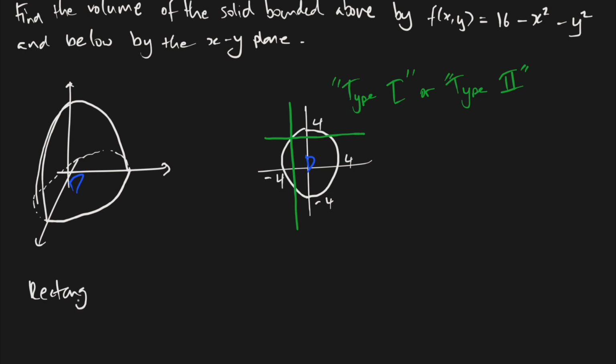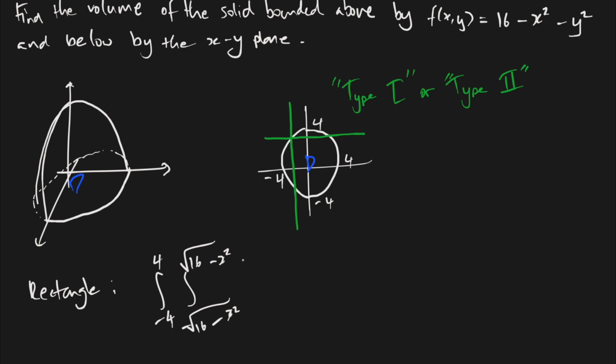So in rectangular form, if we're treating this as a type 1 region, we'd be going from -4 to 4 on the outer integral, and we'd be going from minus root 16 minus x squared to positive root 16 minus x squared.